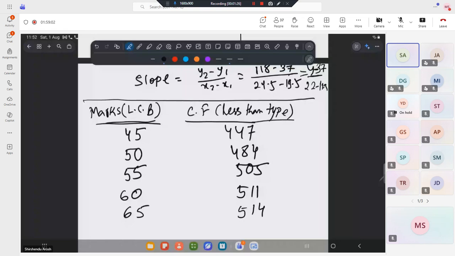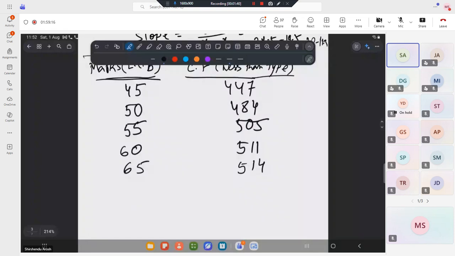This is the marks of a few people in a class along with the cumulative frequency of the lower class type. By default we generally give the lower class boundary of the numbers. So this is the number distribution we got.